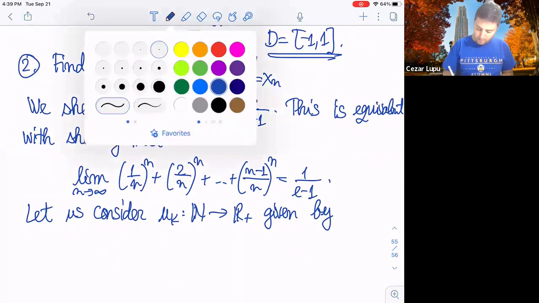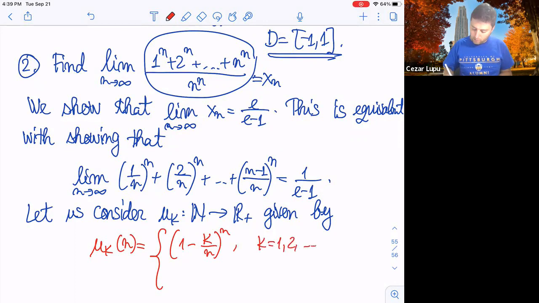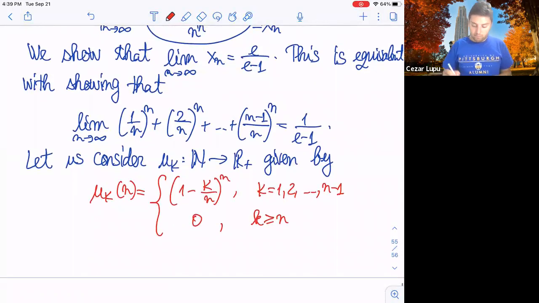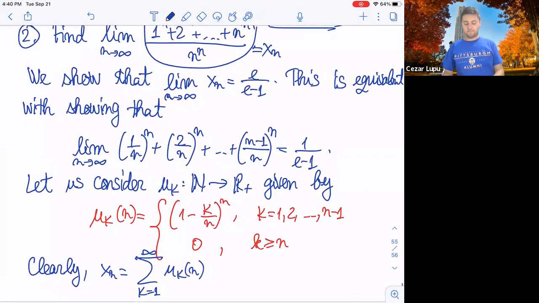I want to emphasize that. So uk of n will be 1 minus k over n to the power n for k from 1 all the way up to n minus 1, and 0 for k greater or equal than n. Well, it's pretty clear that xn is nothing else than the series of uk of n.